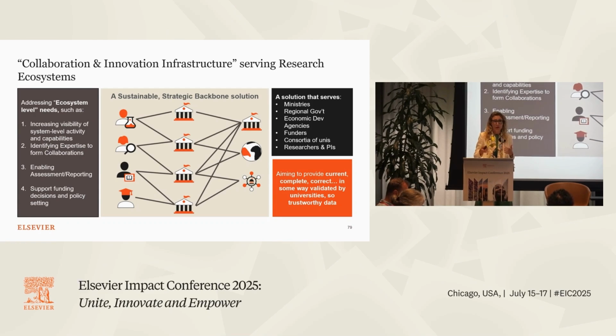And the various members of a research ecosystem, such as ministries, regional governments, economic development agencies, funders, and so forth, they all need some sort of collaboration innovation infrastructure, or call it a sustainable strategic backbone solution that can help them address ecosystem-level needs, such as increasing the visibility of system-level activities and capabilities, identifying expertise for collaborations, enabling system-level assessment and reporting, and supporting funding decisions and policy setting.